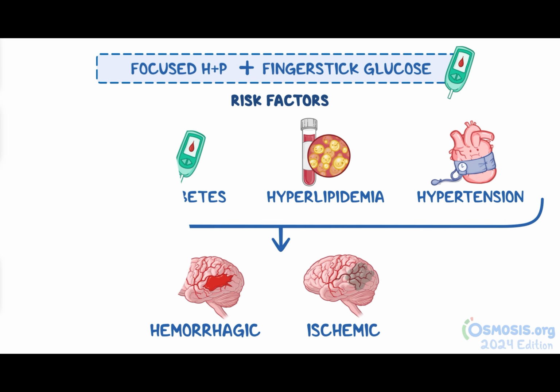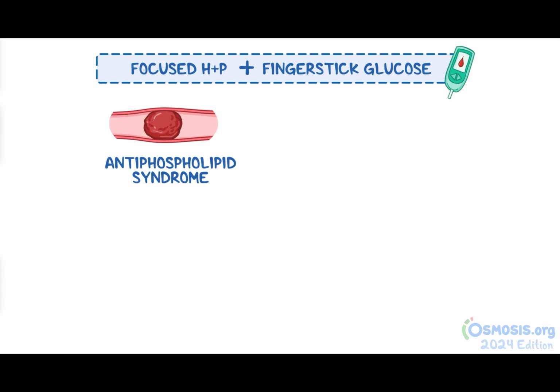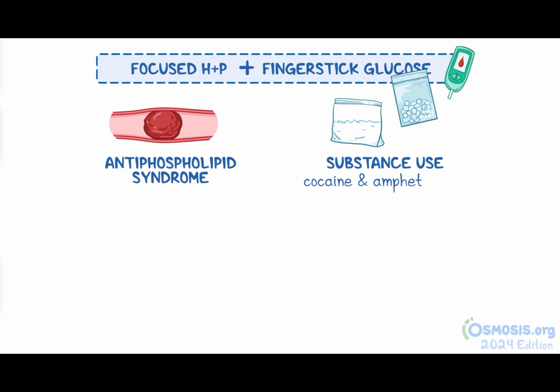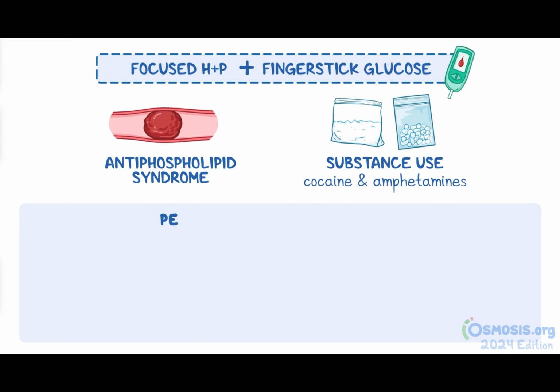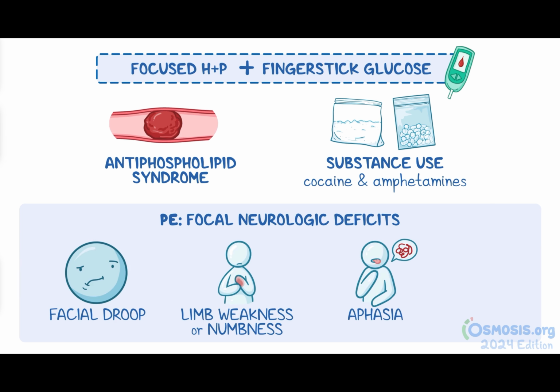Some individuals could also present with hypercoagulable conditions, including antiphospholipid syndrome, or report substance use such as cocaine and amphetamines. On exam, you might find focal neurologic deficits, including facial droop, limb weakness or numbness, aphasia, or ataxia. Finally, in most cases, the fingerstick glucose will be normal.